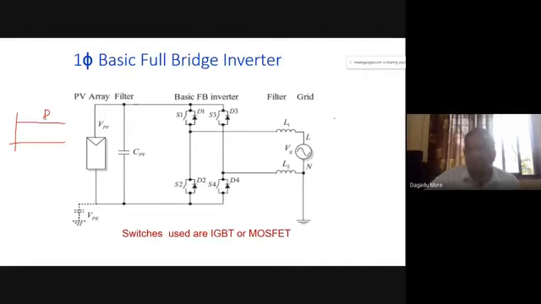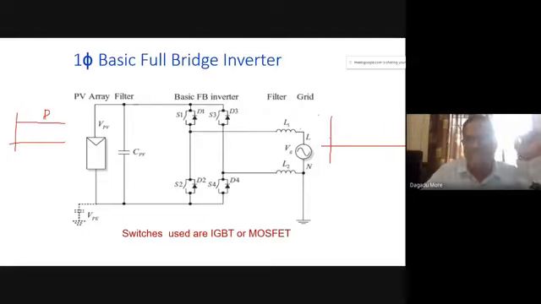But in case of this grid, how is the power flowing? Let us assume that our voltage and currents are both sinusoidal. Definitely our power flow may not be constant like this.